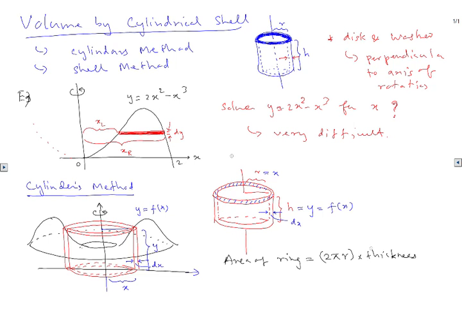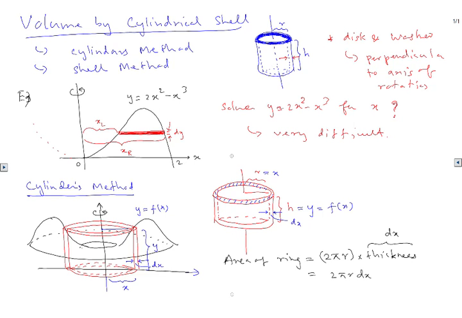The thickness is simply dx in this case, or dy depending on the situation. So the area of the ring is 2 pi r dx.